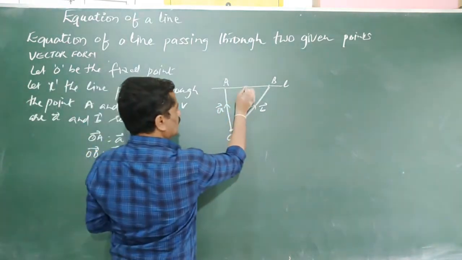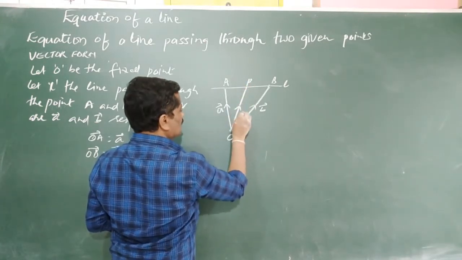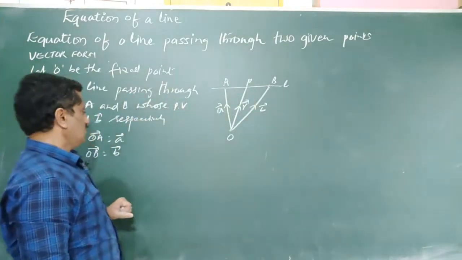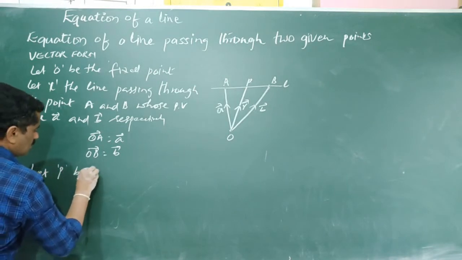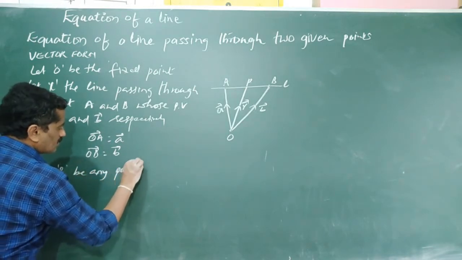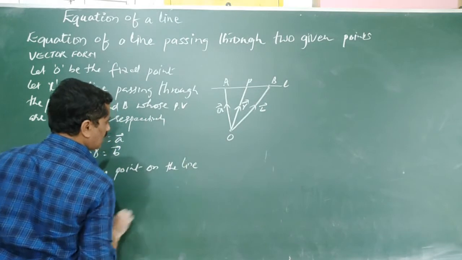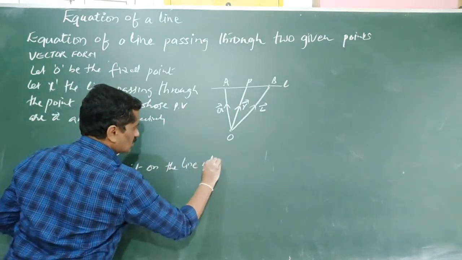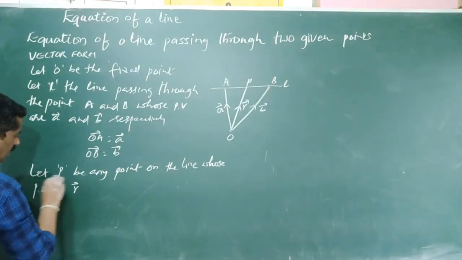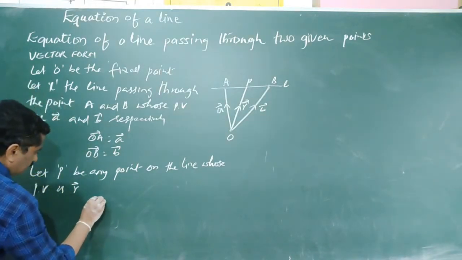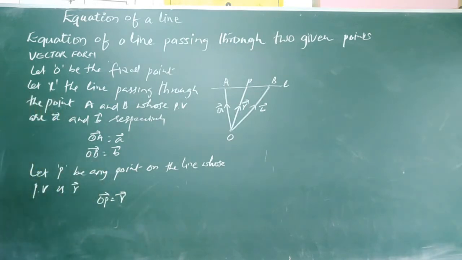Next, let P be any point on the line whose position vector is r bar. That is, OP bar is equal to r bar.